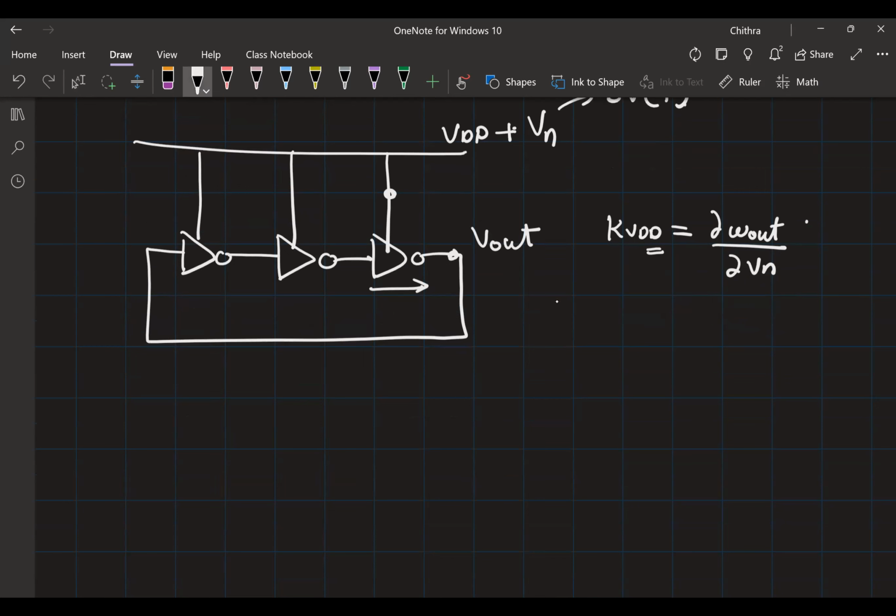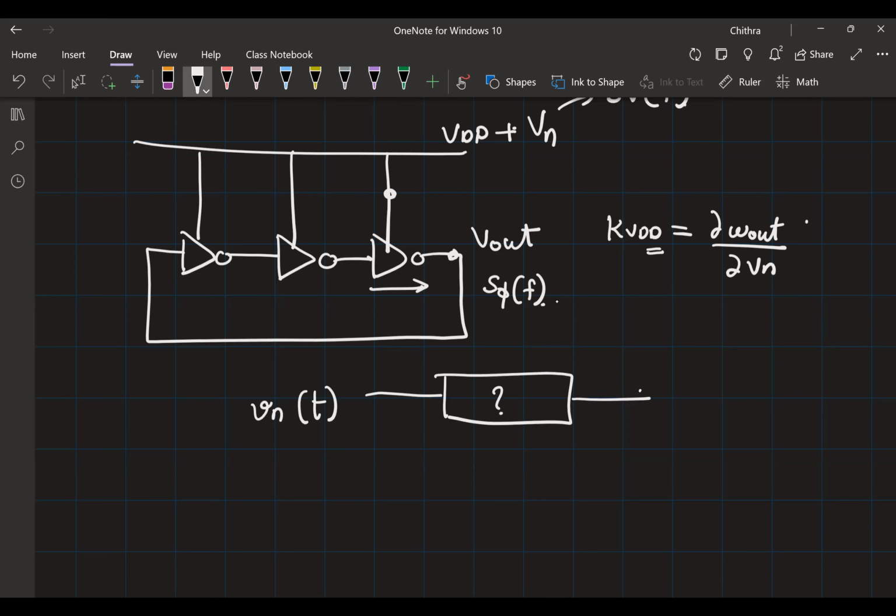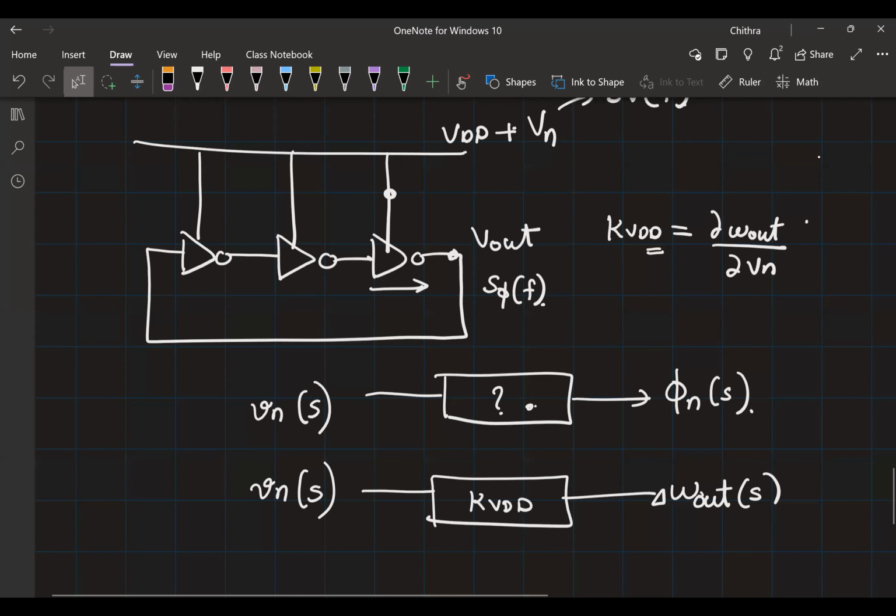So now what do I do? I am still interested in S phi of f. So we first have to find out the transfer function from Vn of t to phi n of t. Can you find this transfer function? This will be equal to KVDD by s.